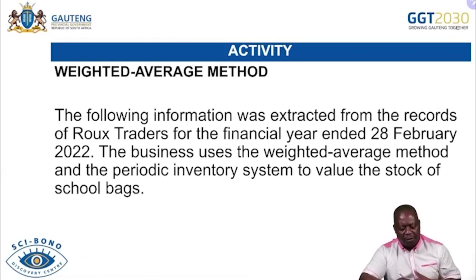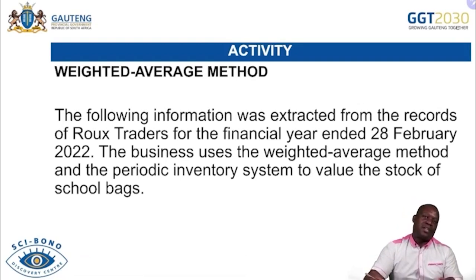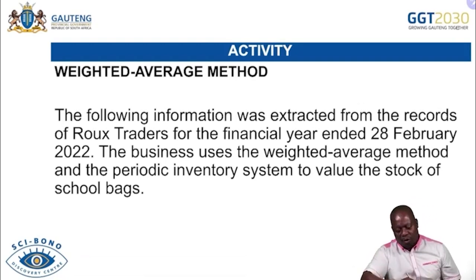The following information was extracted from the records of Rolex Traders for the financial year ended 28 February 2022. The business uses the weighted average method and the periodic inventory system to value the stock of school bags. Periodic: after a physical stock count, then we need to attach value to our stock.